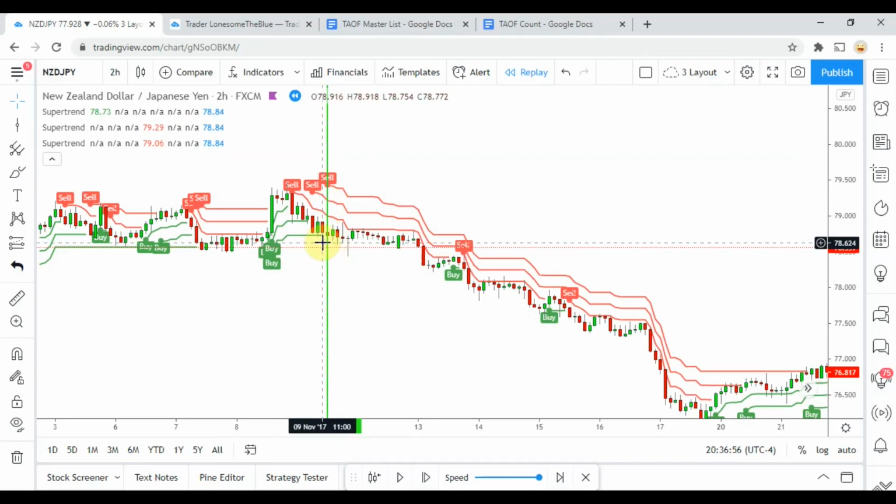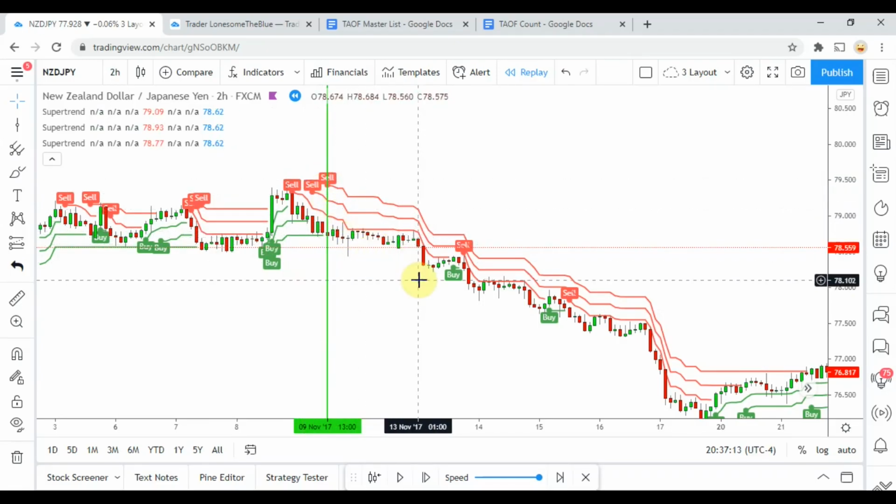If I go back one, you can see that the very top one was actually reading green right up here. So that is an idea of when all of them are lined up. When all of them are lined up, that is a signal to then enter in that direction. So in this particular case, it would be a short signal.